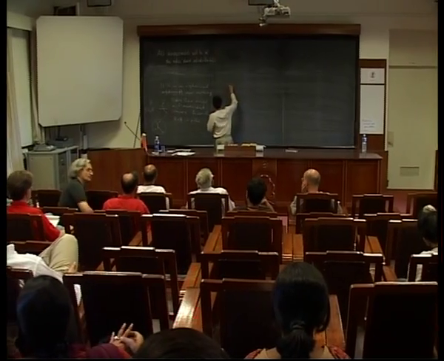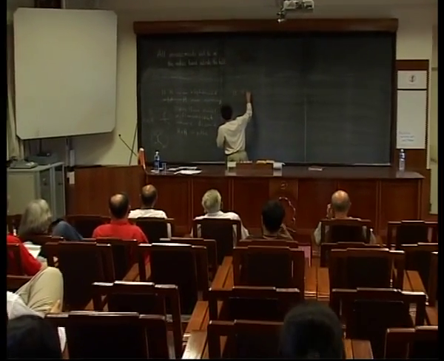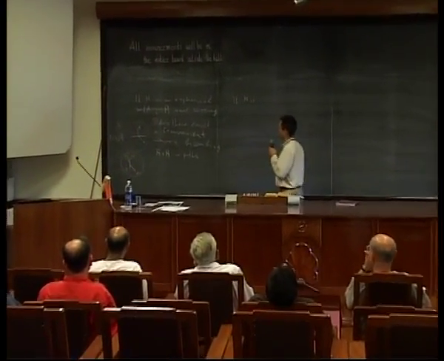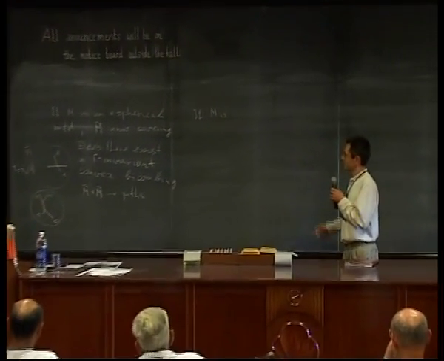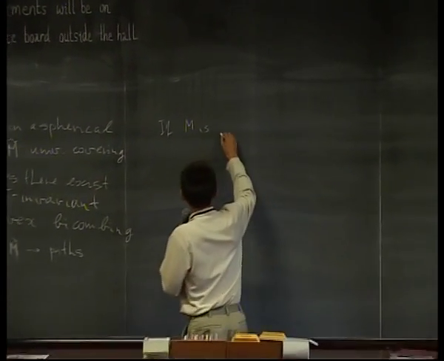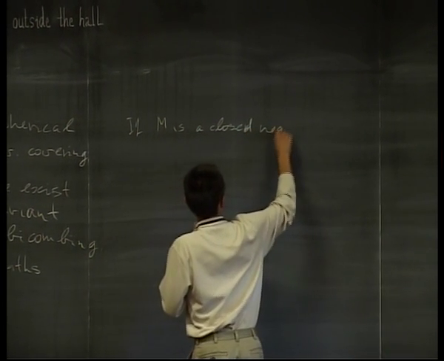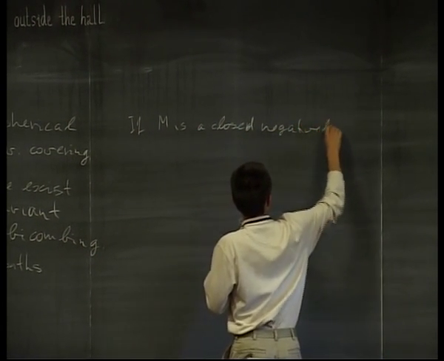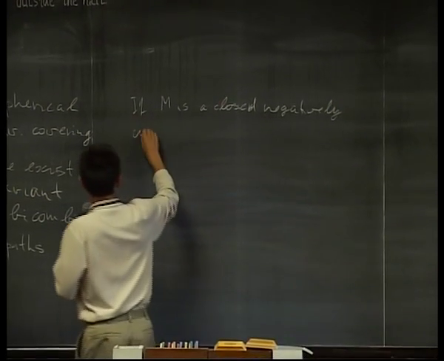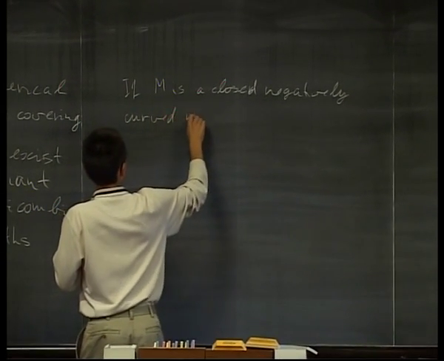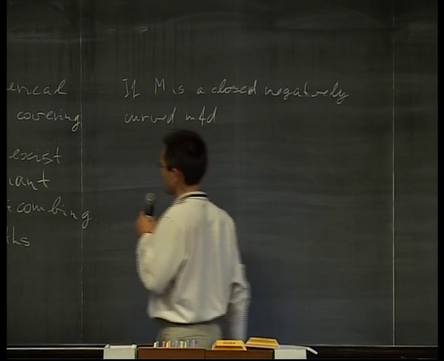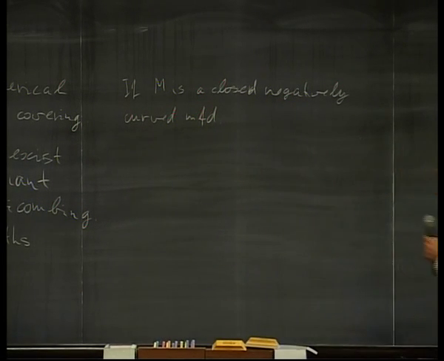So let's start with the negatively curved manifold. So M is a closed negatively curved manifold. Then you take the geodesic flow on the space.